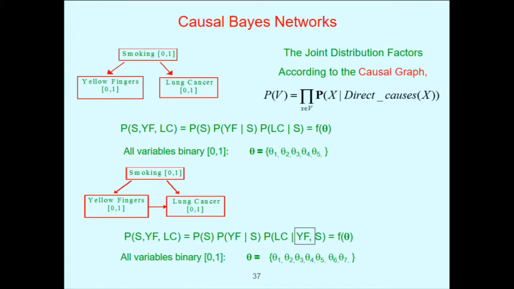So by taking out that edge from yellowed fingers to lung cancer, I reduce the number of parameters by 2, and in general, every time I take out an edge in a graph, I reduce the number of parameters I need to write down the joint distribution when I can factorize it in this way.